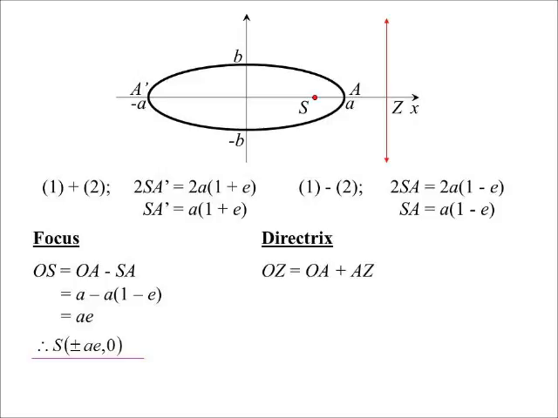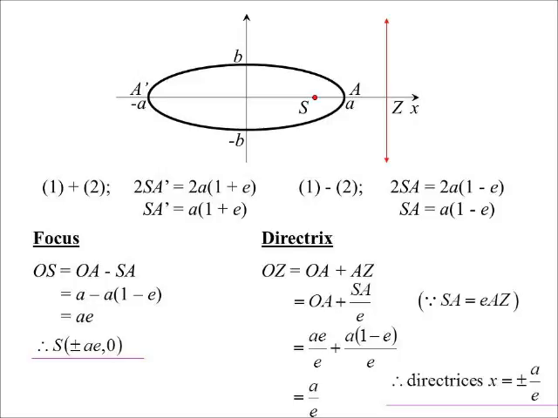And the equation of the directrix, well, the distance from O to Z would be OA plus AZ. So AZ, if I use the definition again of the ellipse, I could rewrite as SA divided by the eccentricity. Remember, because SA is equal to the eccentricity times AZ.